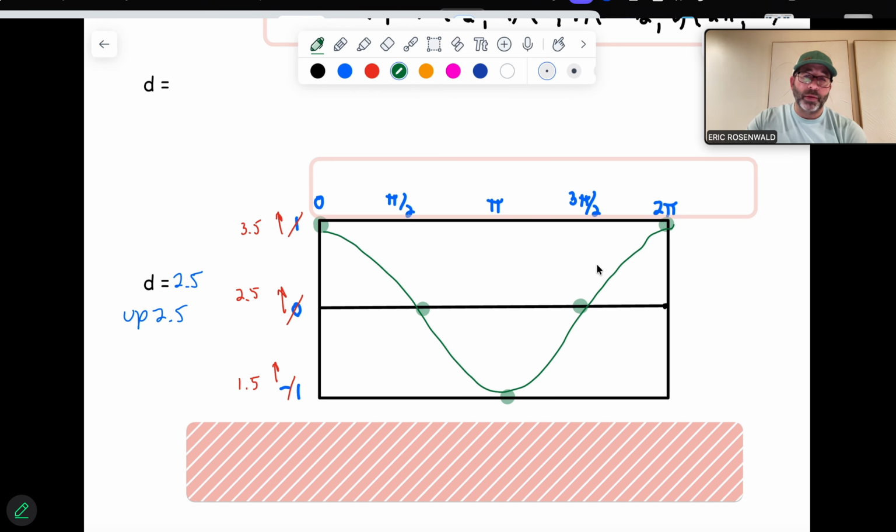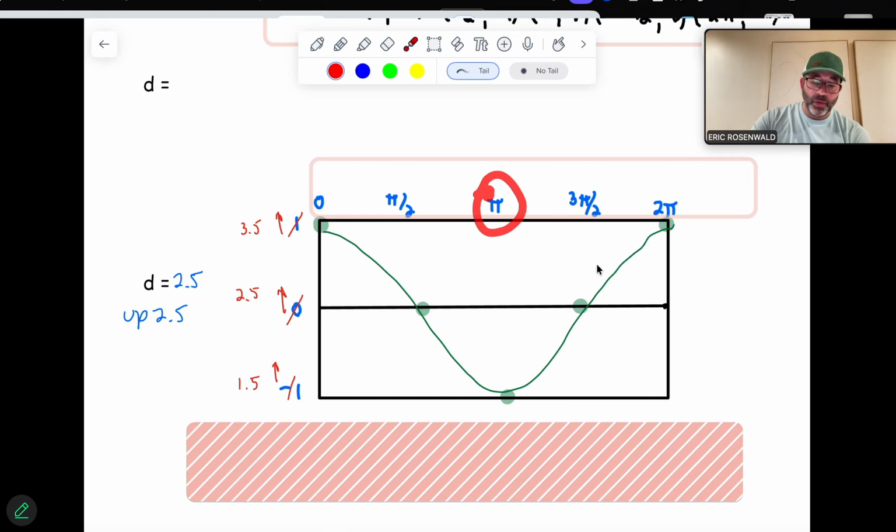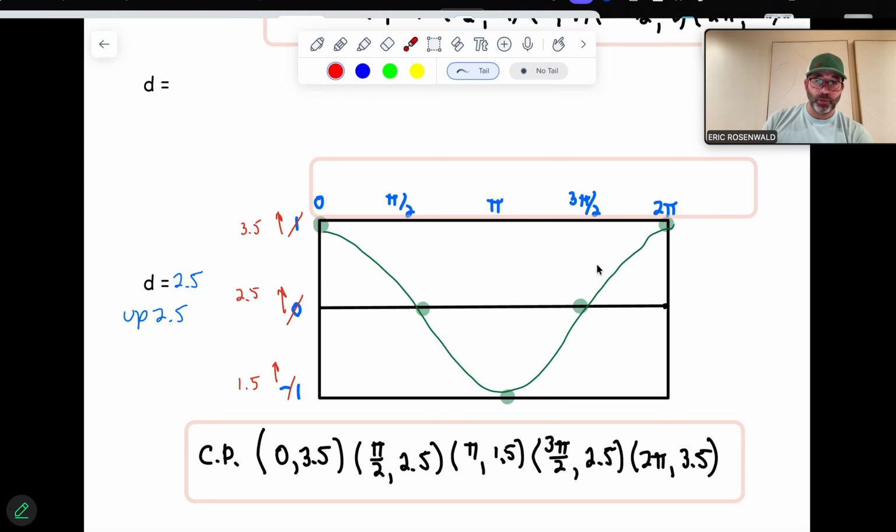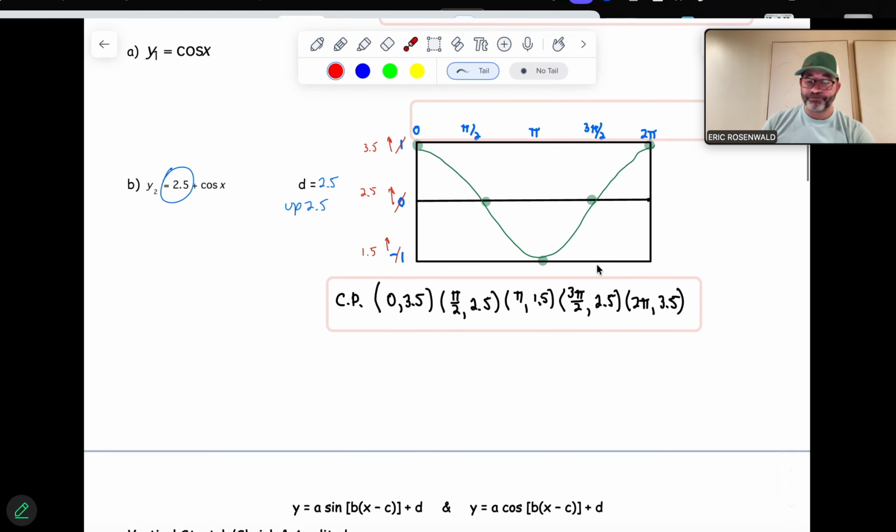Put the 5 critical points together. We're going to have our first point be at 0, 3.5, then pi over 2, 2.5, and then pi, 1.5, and then 3 pi over 2, 2.5, and then 2 pi, 3.5. Okay, those are the 5 critical points.